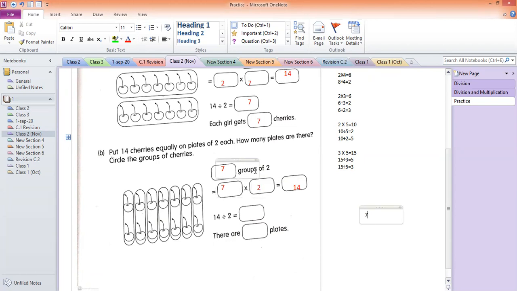How many times you read the table of 2 to get 14? 2 1 2, 2 2 4, 2 3 6, 2 4 8, 2 5 10, 2 6 12, and 2 7 14. So this is your answer. 14 divided by 2 equals 7. So there are 7 plates. How many plates are there? There are 7 plates.